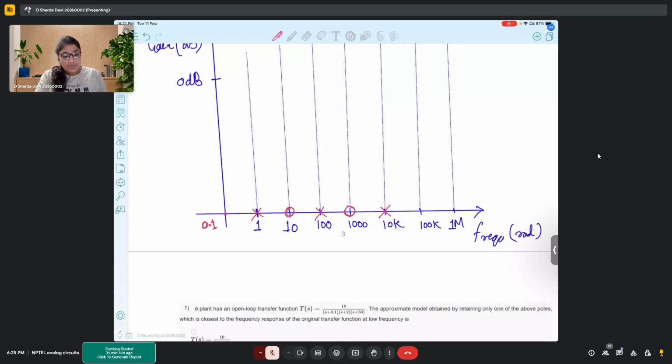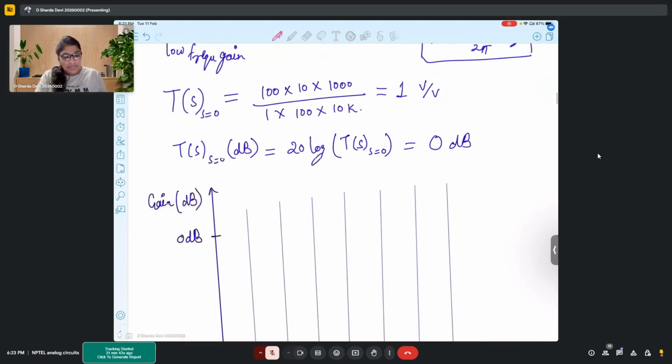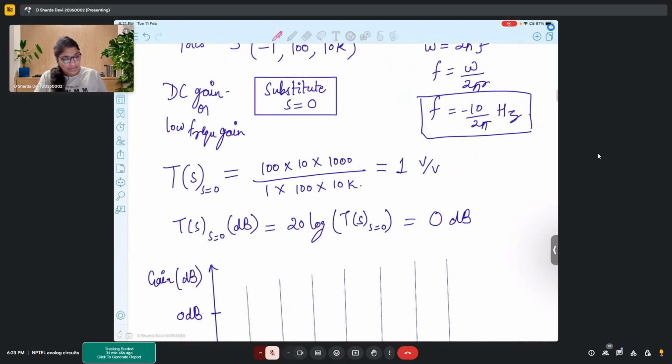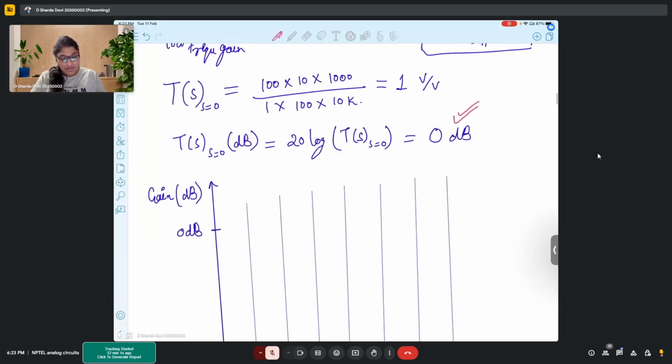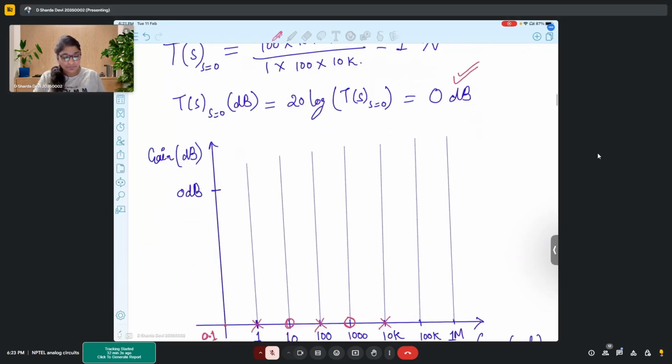So, what is the purpose of the DC gain that we calculated right now? So, the DC gain is the gain at which your curve starts. Okay, so whatever DC gain you get, you will start your curve from that particular value. So here we got 0 dBs.